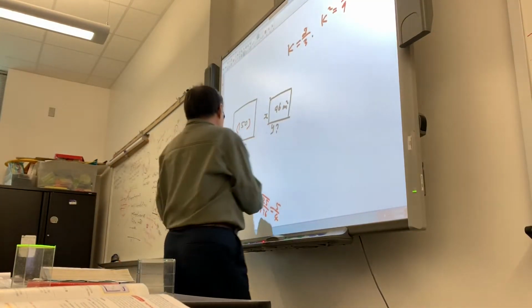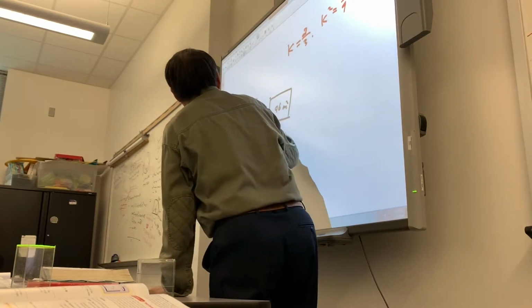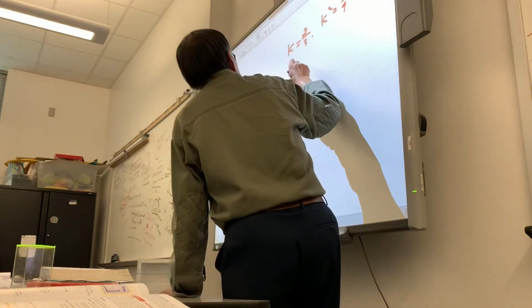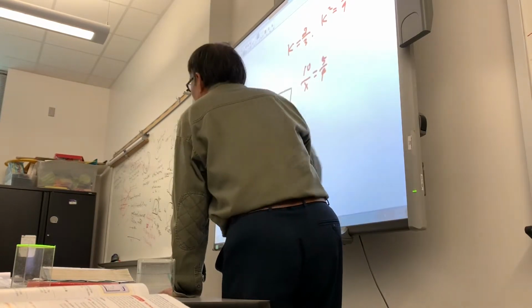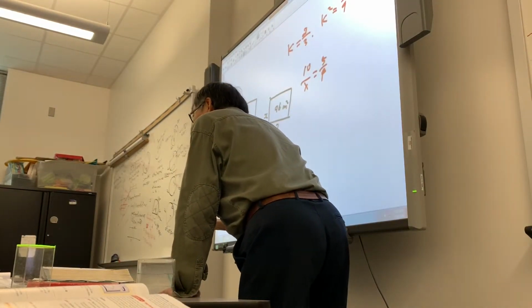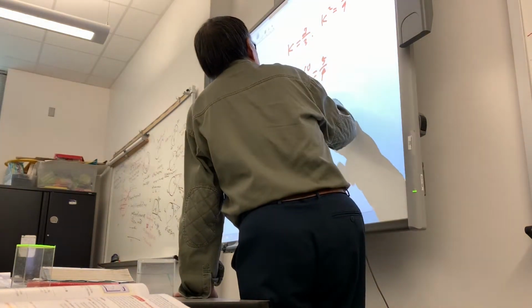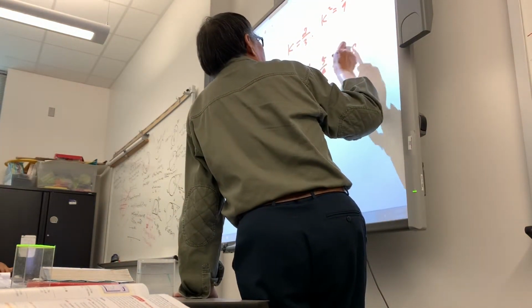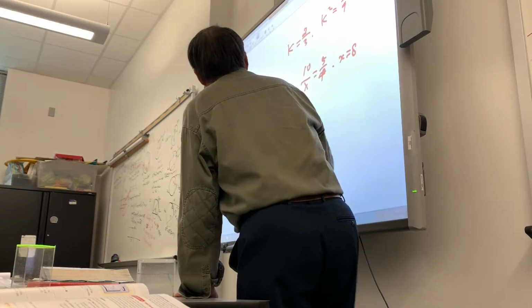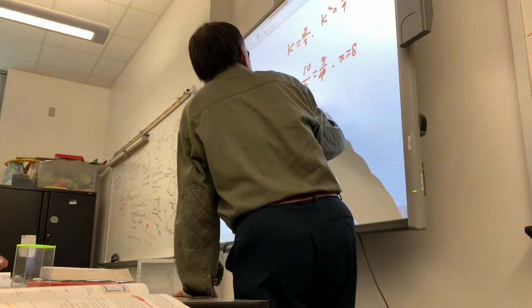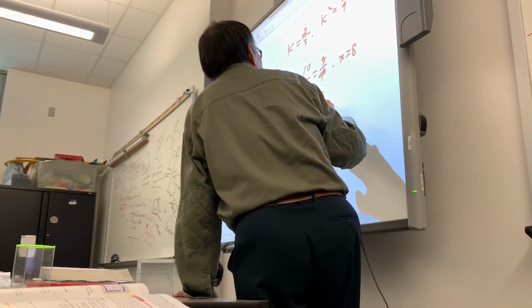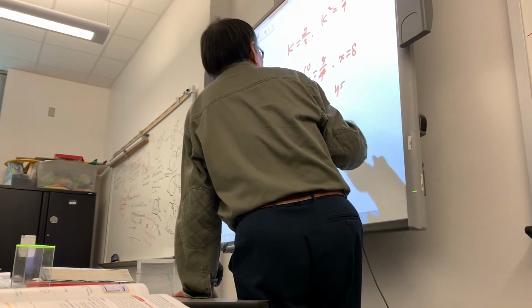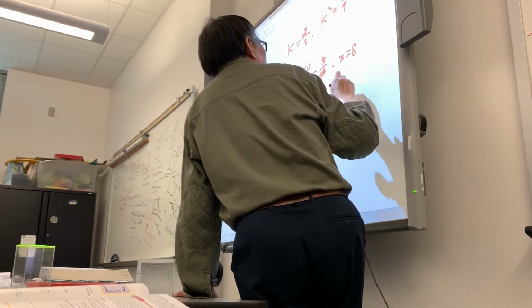Now you can see bigger one over small one is 5 over 4. 10 over x equals 5 over 4. Do you understand me, please? Yes? So cross multiplication, x equals 8. Y, 15 over y equals 5 over 4. So y equals 12.